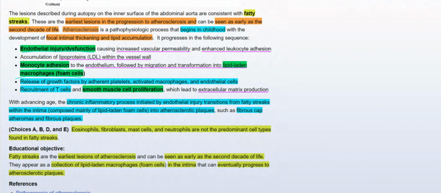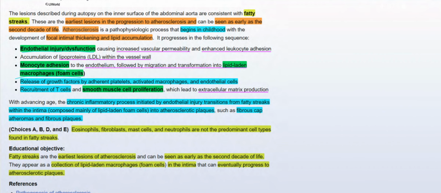Lipoprotein accumulation will occur within the vessel wall. We talked about this thing, right? Then what will happen? Monocyte adhesion to the endothelium, followed by migration, then transformation into lipid-laden macrophages. This is an important definition. Foam cells are formed. What are foam cells? These are lipid-laden macrophages. Note this point. Lipid-laden macrophages are foam cells.